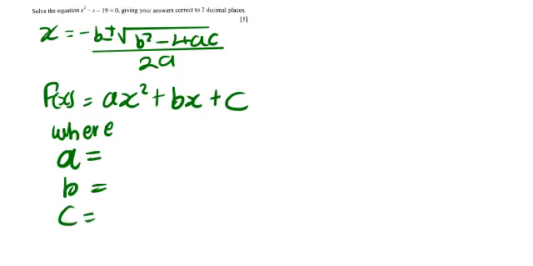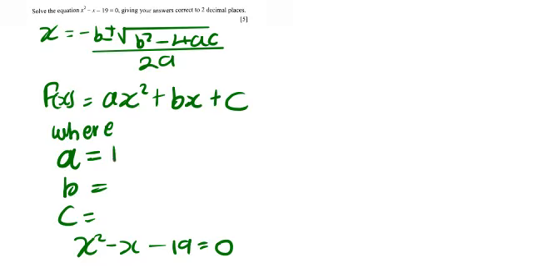Now when you get this quadratic equation, the one which they have asked us to find, you're going to find out that it is in the form of x squared minus x minus 19 equal to 0. As you can see, the coefficient of x squared is a 1, because the 1 is invisible.